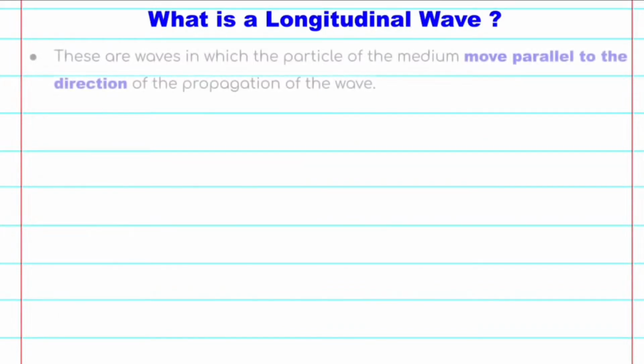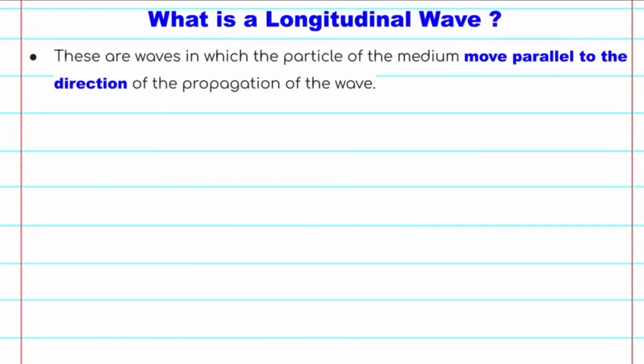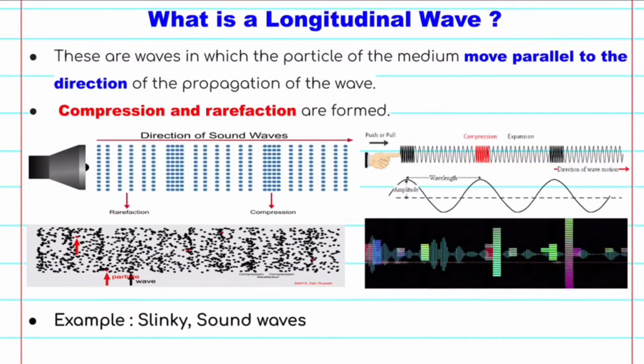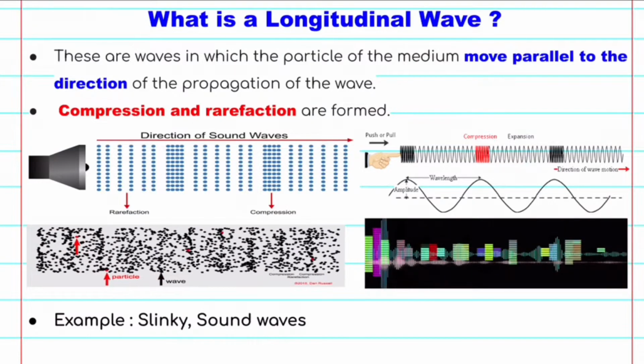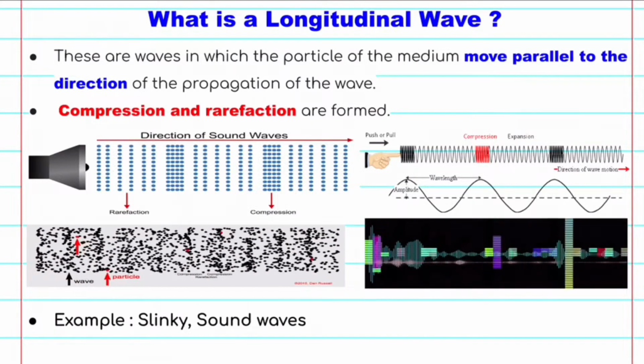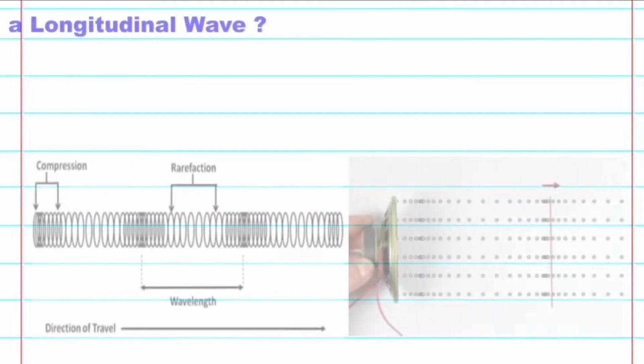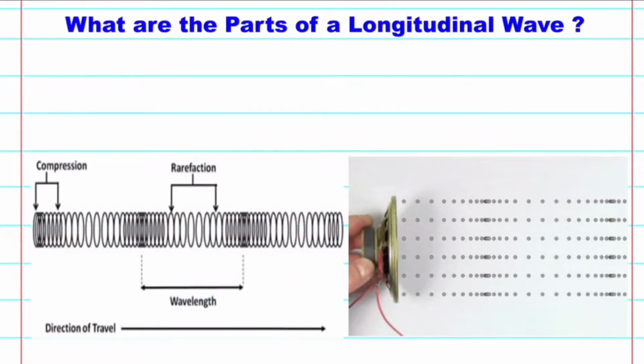These are waves in which the particles of the medium move parallel to the direction of the propagation of the wave. Compression and rarefaction are formed. Examples are slinky and sound waves. What are the parts of a longitudinal wave?